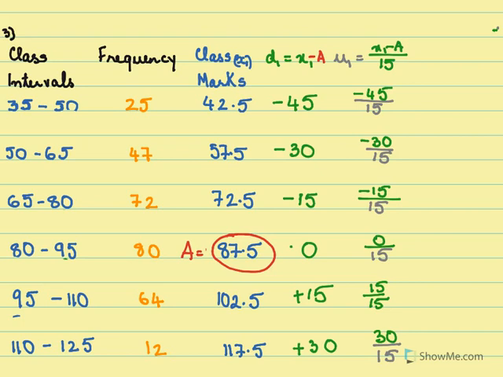So minus 45 divided by 15 is minus 3. Minus 30 divided by 15 is minus 2. Minus 15 divided by 15 is minus 1. 0 divided by 15, 0. 15 divided by 15, 1. 30 divided by 15, 2.